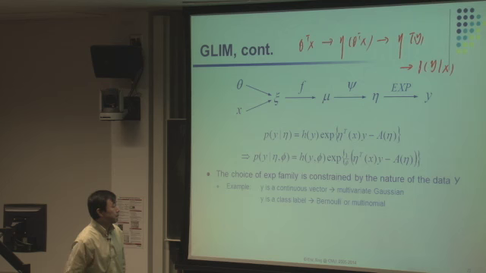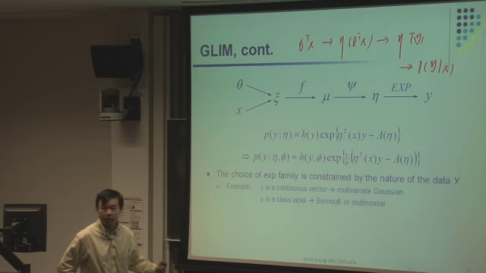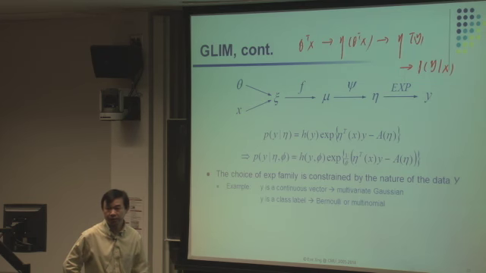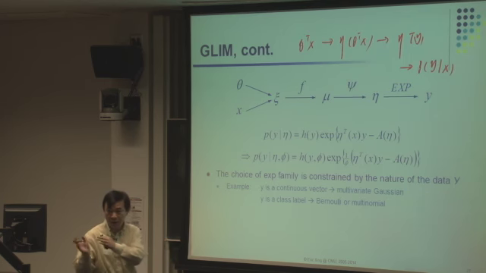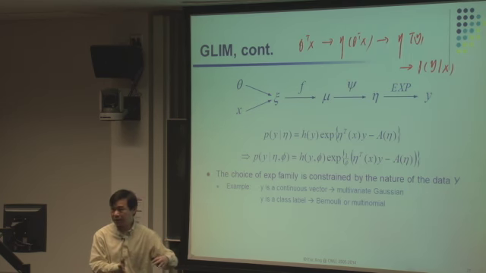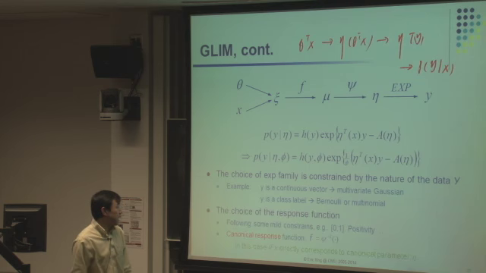So for the exponential family, the choice of distribution is solely defined by the nature of the output, whether it is discrete, continuous, or multivariate. That defines how you choose the eta. But x is now swept under the rug, because it is only used to define the mean parameters.